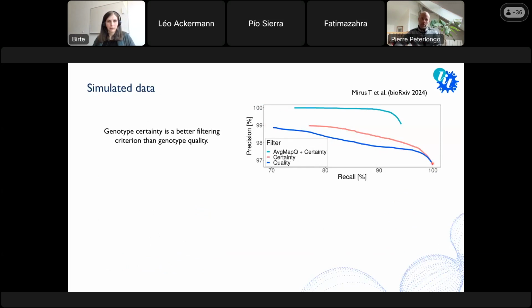So you can achieve full recall if you just don't apply any filtering, and you can get higher precision if you apply higher, stricter thresholds for the quality or certainty. If you want to have perfect precision, you also need to filter based on average mapping quality of the reads at the locus. So the alignment quality really matters here if you want to get full precision. Of course, you lose a few variants if you do so.